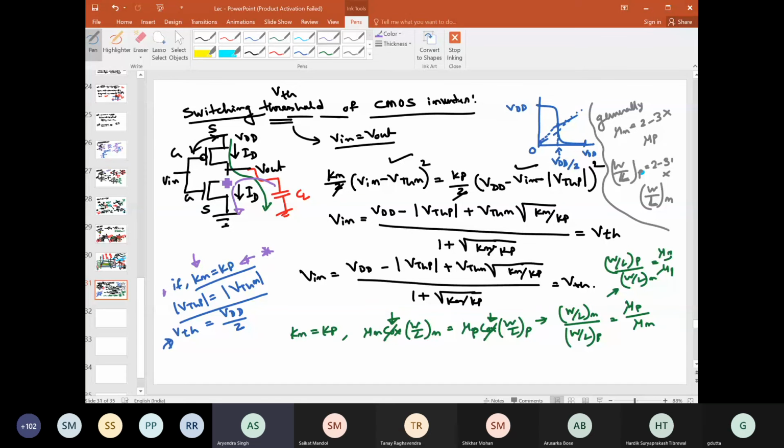So that is why I'm confused, because when charging we are going from the PMOS source to drain to the CL, and if you look at the topologies, then the resistance encountered is 1 by gm. It's very less. And when you are discharging, the CL discharges through the NMOS, which is in saturation.